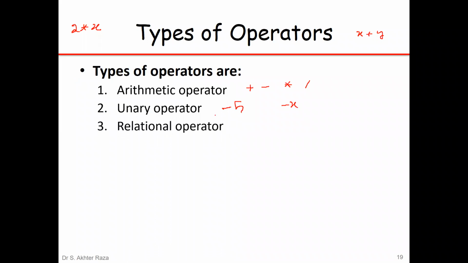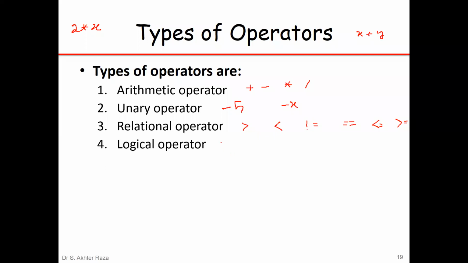Now the relational operators like greater than, less than, not equal to, and equal to. So these are the relational operators. Greater than, less than, not equal to, double equal to, less than or equal to, greater than or equal to. These operators are called relational operators. Next one is the logical operators.